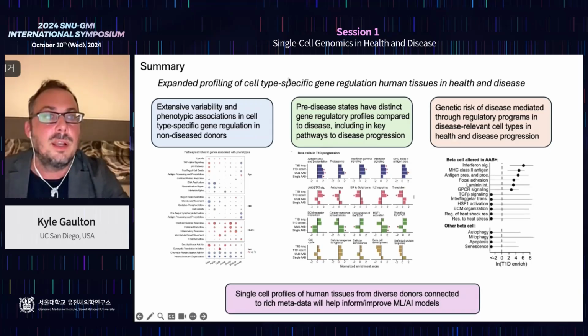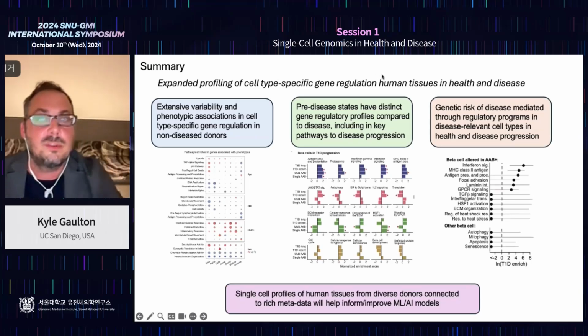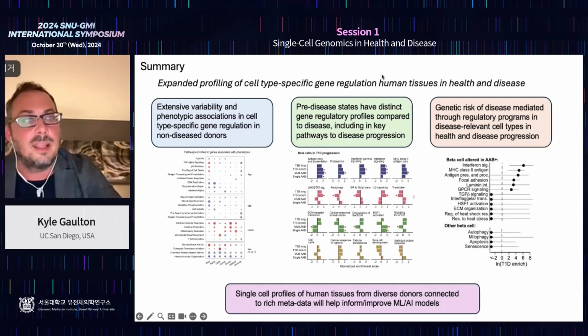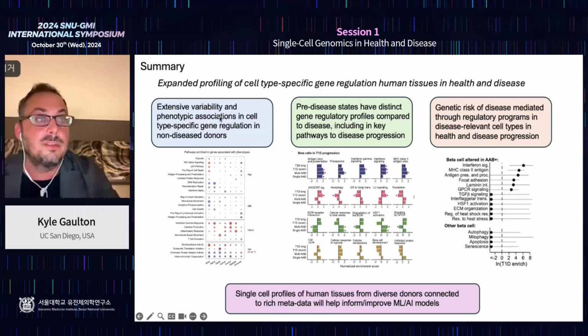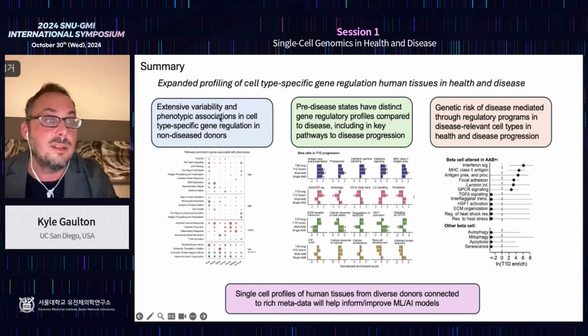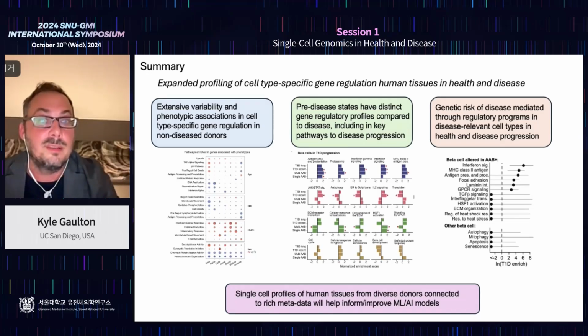So I think the overall summary is that expanded profiling of gene regulation in specific cell types in human tissues in both health and disease states gives us greater insight than just looking at reference maps of small numbers of samples. So there's extensive variability in associations and regulation, even in non-disease physiology. Pre-disease states have distinct profiles compared to disease.